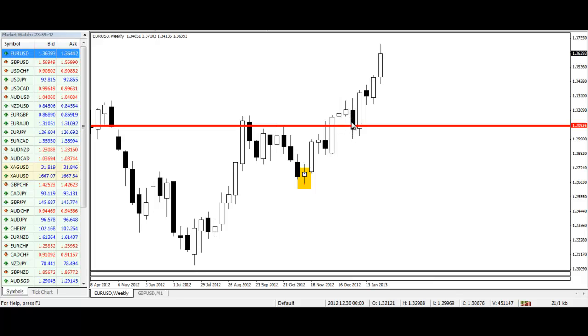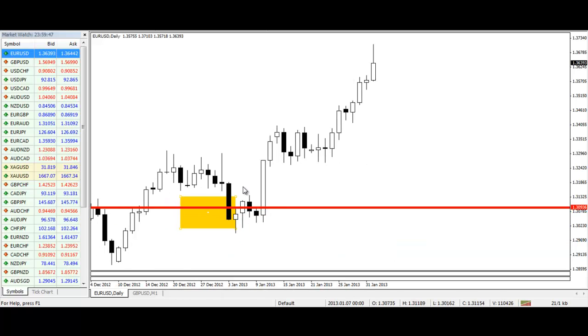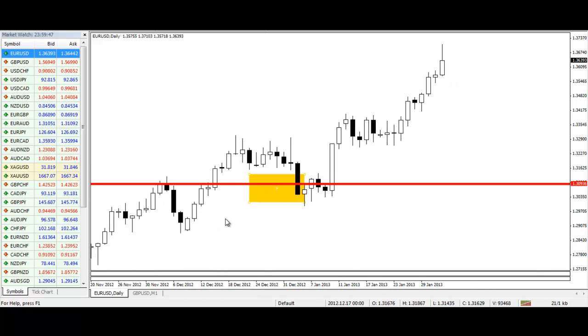We see price pulls back down to the level here, and if we zoom into that now on the daily charts, we'll just highlight the area to look at. And if we look at it on the dailies, we can start to see how, looking around this area, there's some very interesting things on the chart.